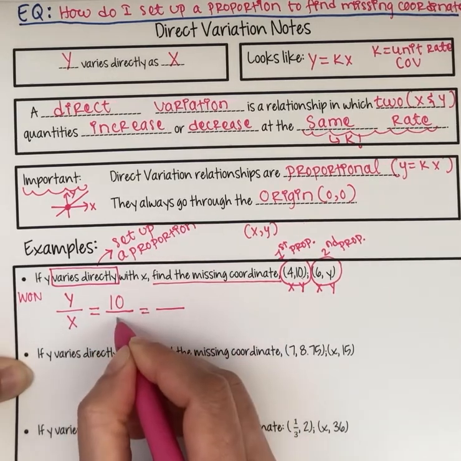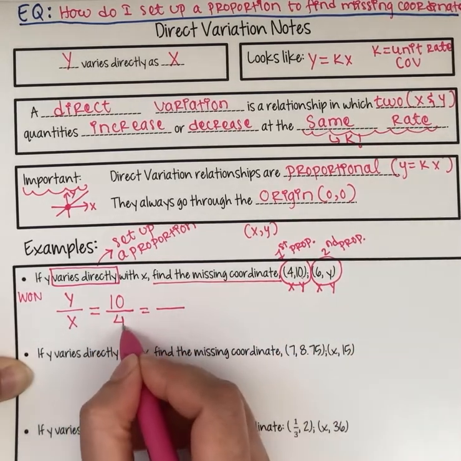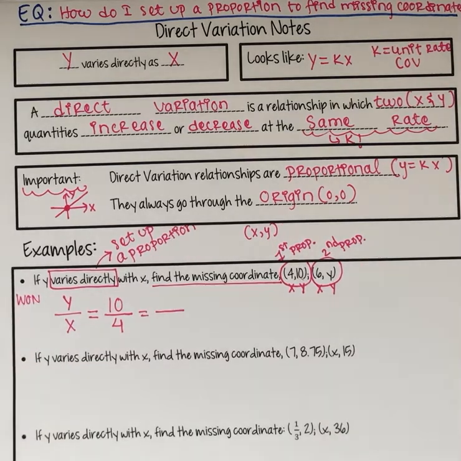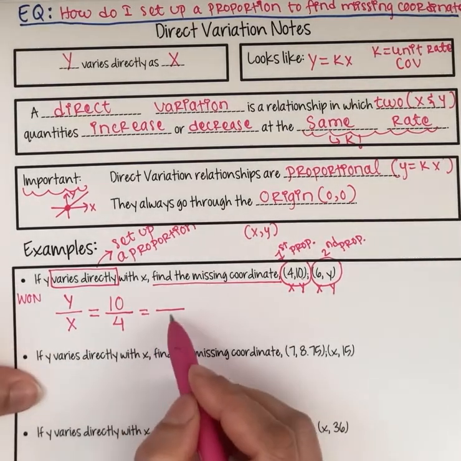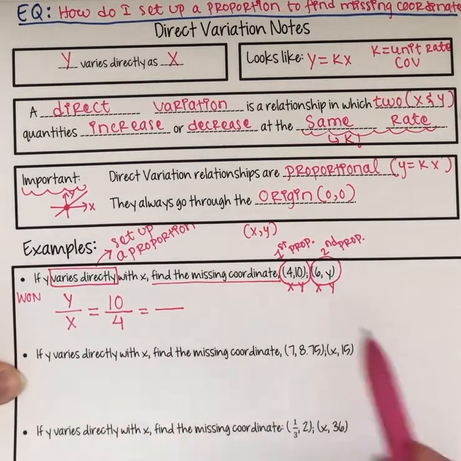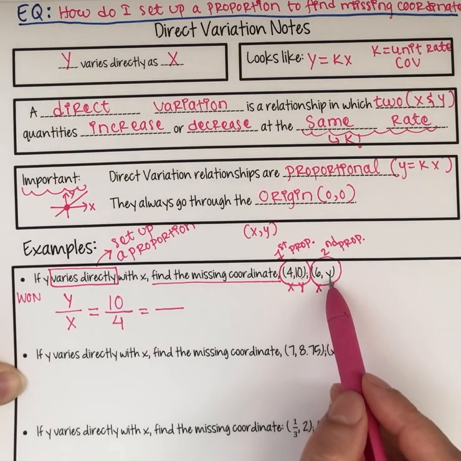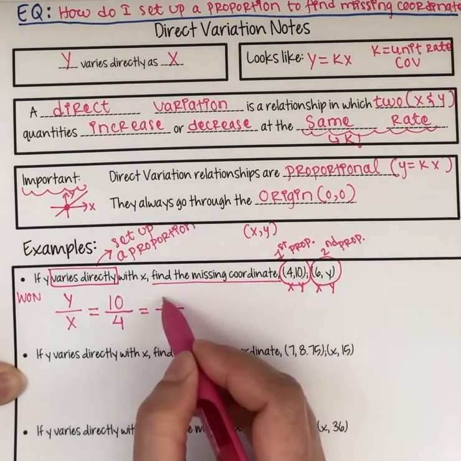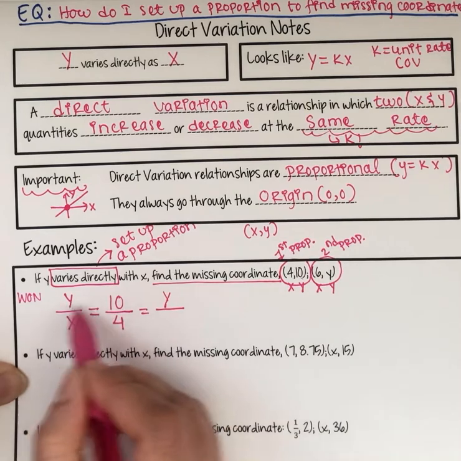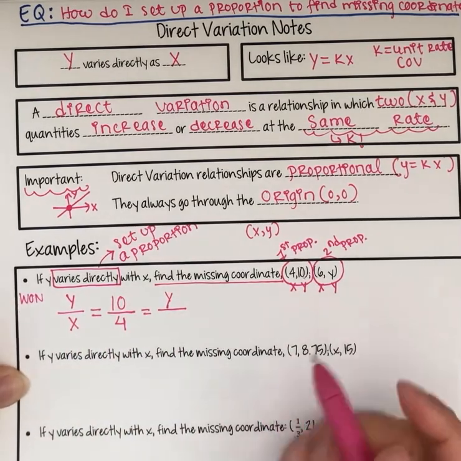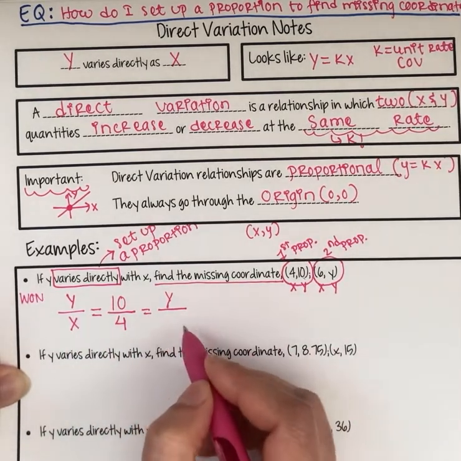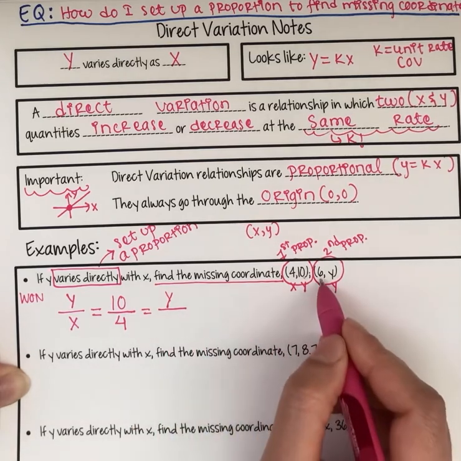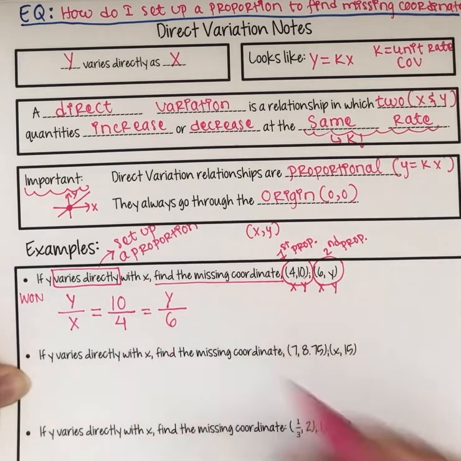So we're going to write that at the top, and 4 goes at the bottom because x values are at the bottom, okay? Now, our new information, where does the y go? The y goes at the top because the y values are aligned at the top, okay? And then at the bottom, we have our x value, which is 6.